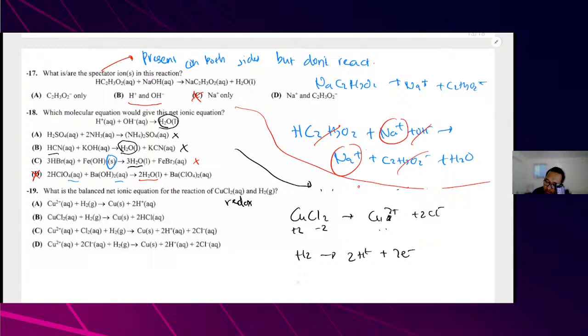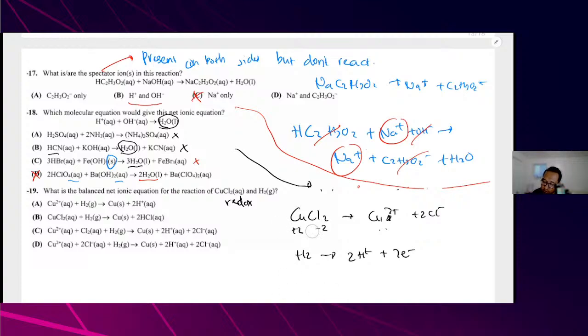So for the balance, let me think again. Cu2+ is reduced to Cu, and H2 is oxidized to H+.